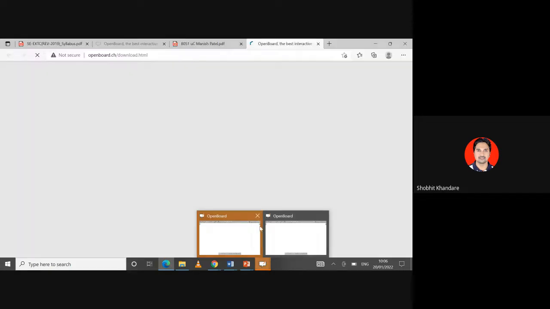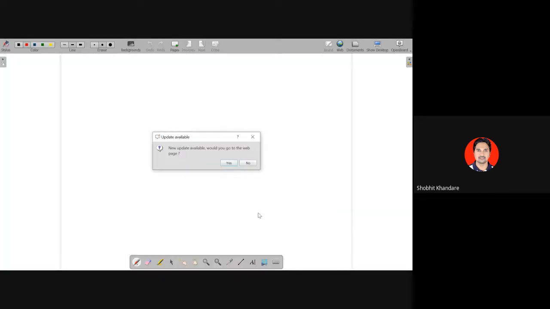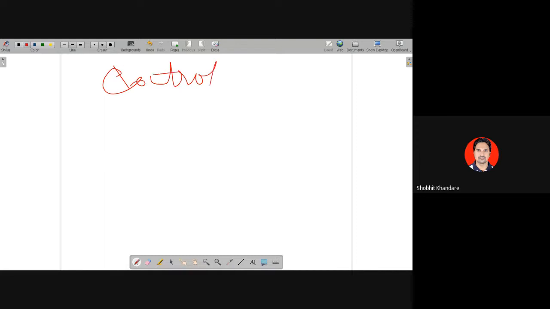So I was talking about the control bus. In the control bus, we have three important signals.